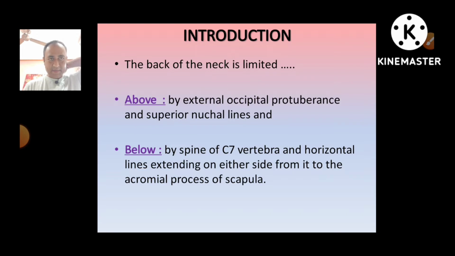In the midline of the lower part, you can feel the projection of the spine of C7, from where a line runs horizontally to extend up to the acromion process of the scapula. So this is the lower boundary and this is the upper boundary of the back of the neck.